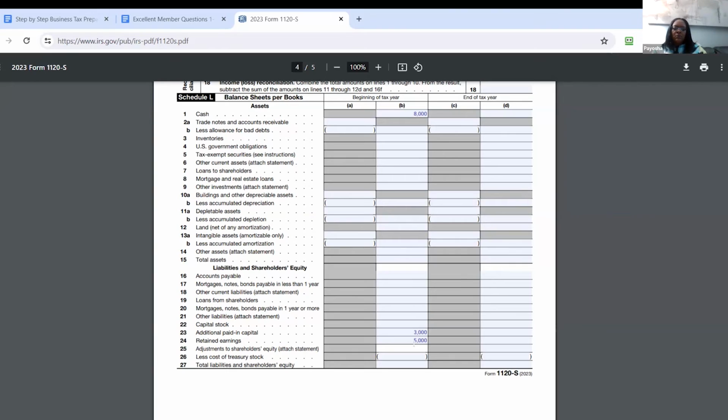Does that make sense so far? Okay. So some variation of this is going to be the way to arrive at the beginning balance sheet for somebody that hasn't been doing a balance sheet.